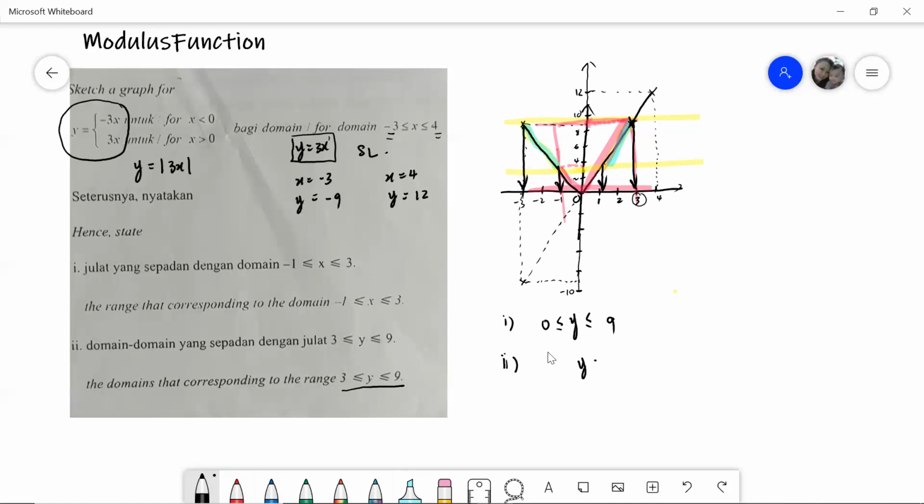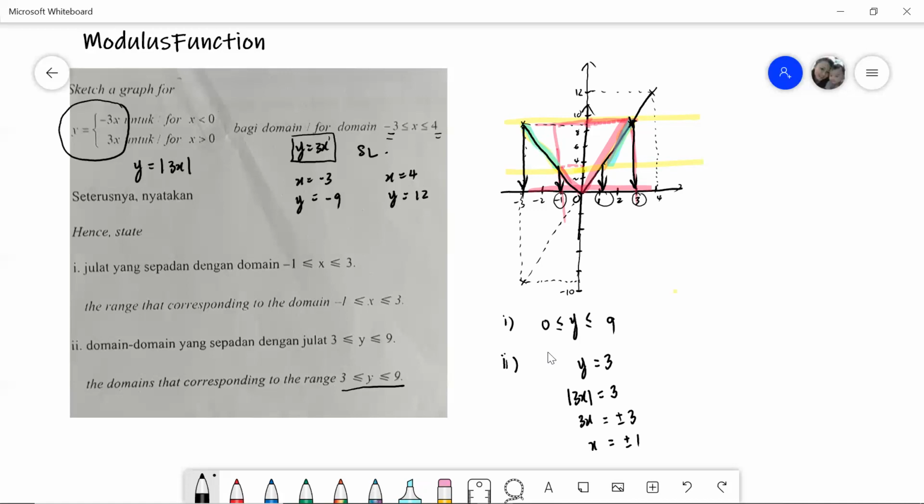We have to find our x on our own. So when y equals 3, modulus 3x equals 3. I want to find 3x. Inside could be positive 3 or negative 3. So the moment you get rid of the modulus, you put plus or minus on the other side. Therefore, x could be positive or negative 1, which is quite accurate from our sketch.